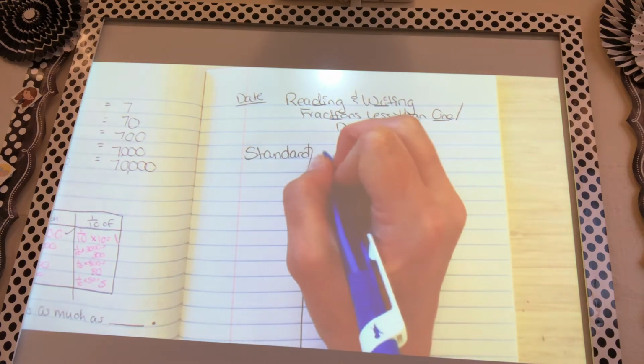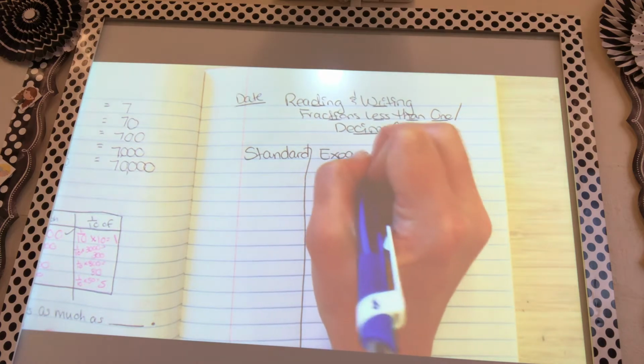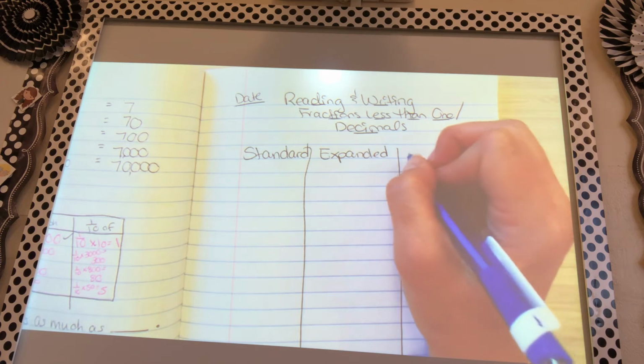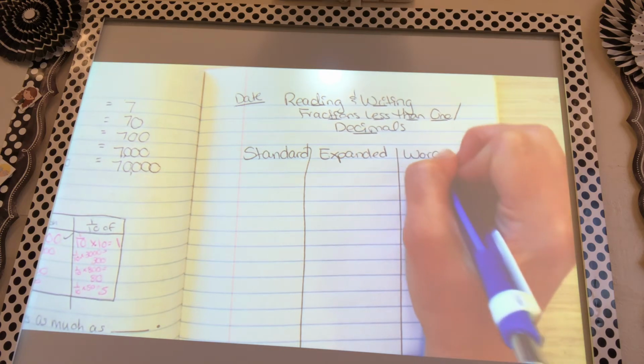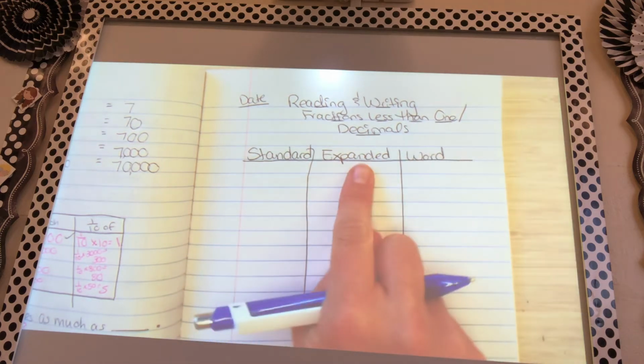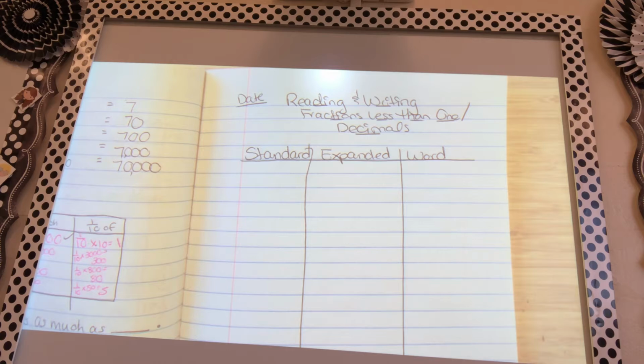The second column will be expanded. And the last column will be word. So just like before, we're learning standard, expanded, and word forms. These are all forms of ways you can write or read decimals.